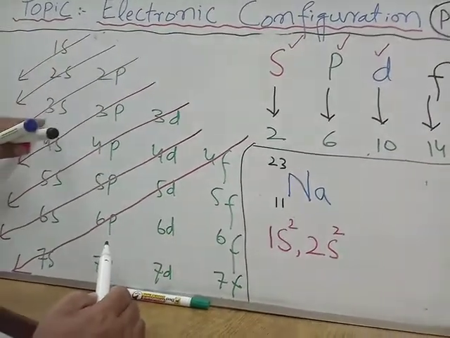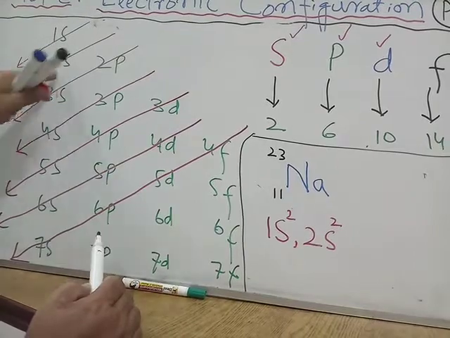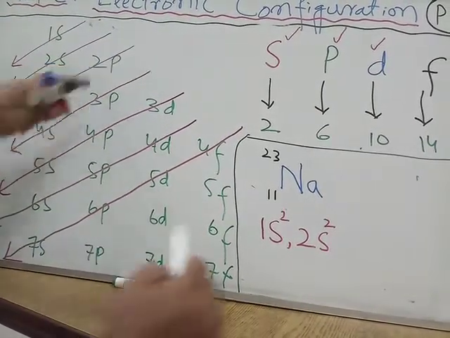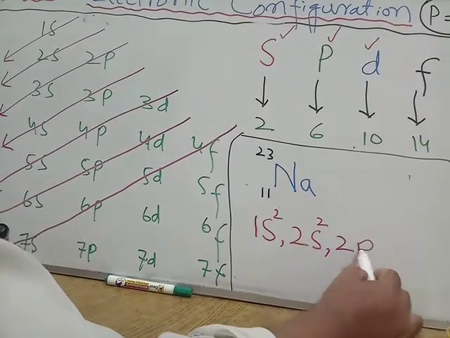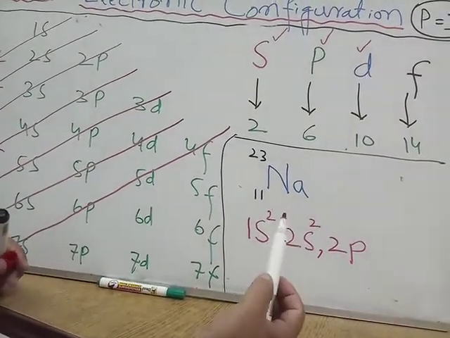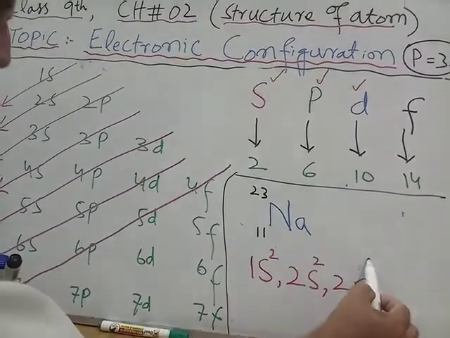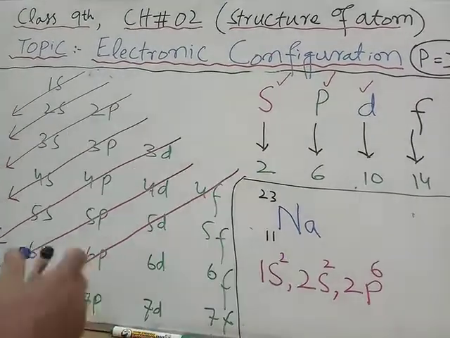Now never come towards 3s, but from the head of one to the tail of the next. Yes, this is 2p. But how many electrons can a p subshell accommodate? Look at this here, 6. So 2p6. But you must also be careful about the number of electrons.